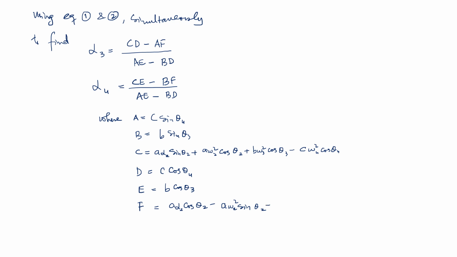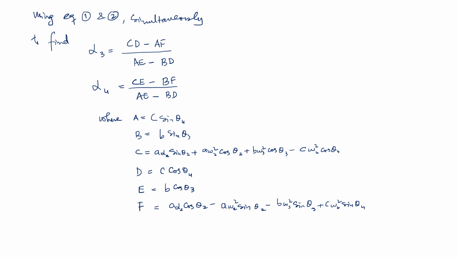Then you have minus b omega 3 squared sine of theta 3, and then plus c omega 4 squared sine of theta 4.